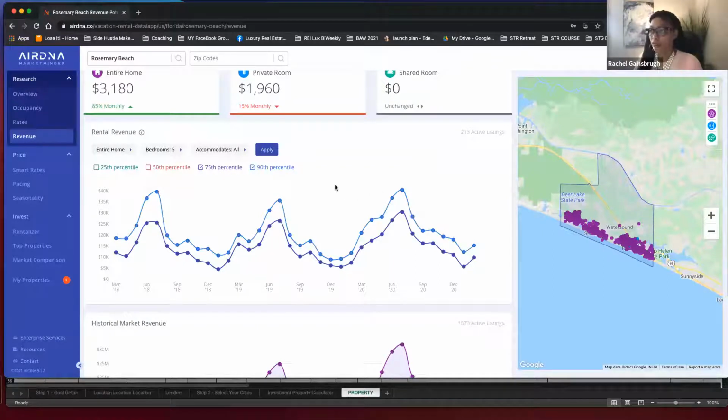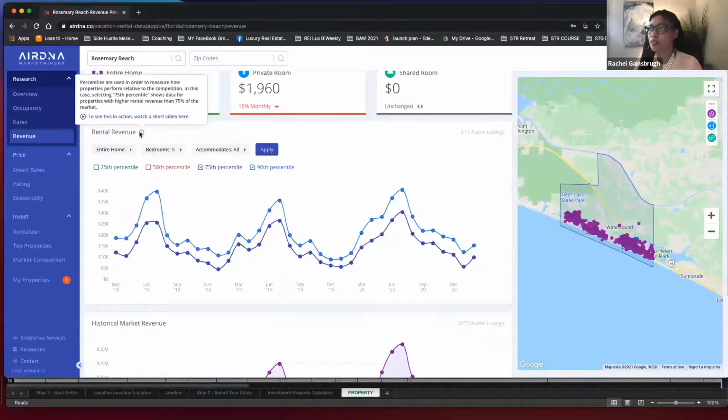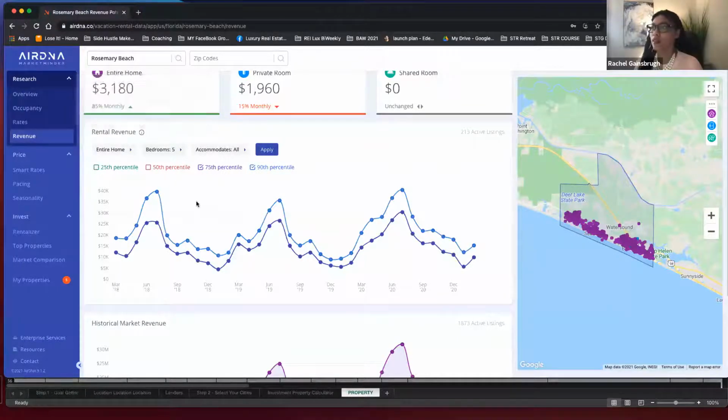Okay, so the revenue, yeah, that's what I had assumed. So the monthly revenue for 5 bedrooms at the 70th percentile back in June of 2018, for the month of June, they made $25K.